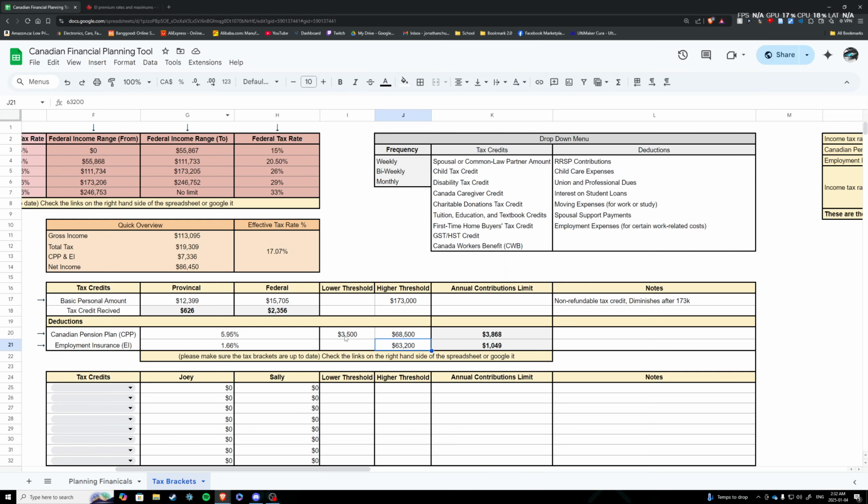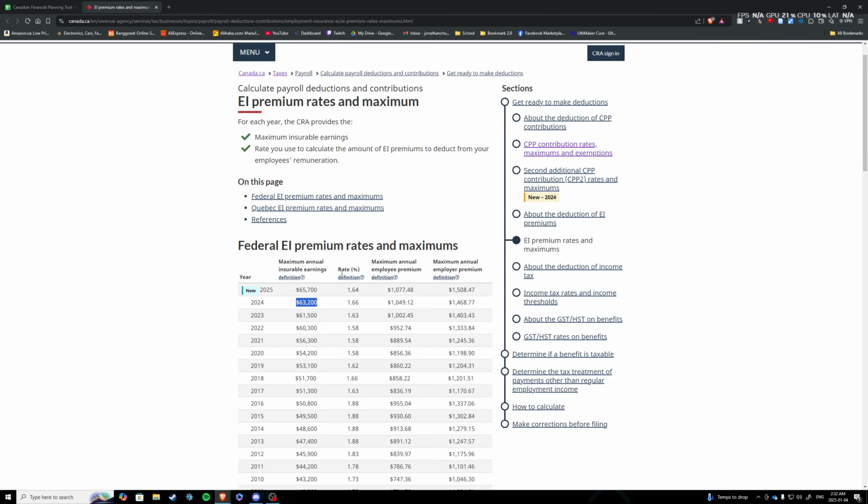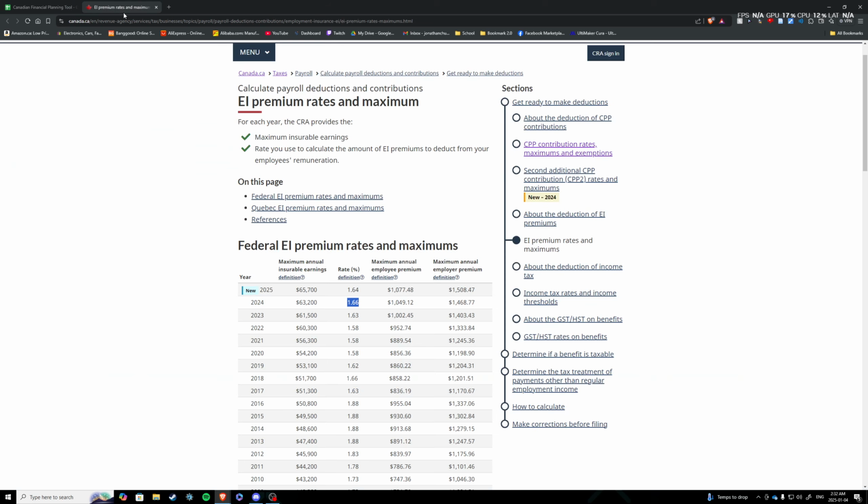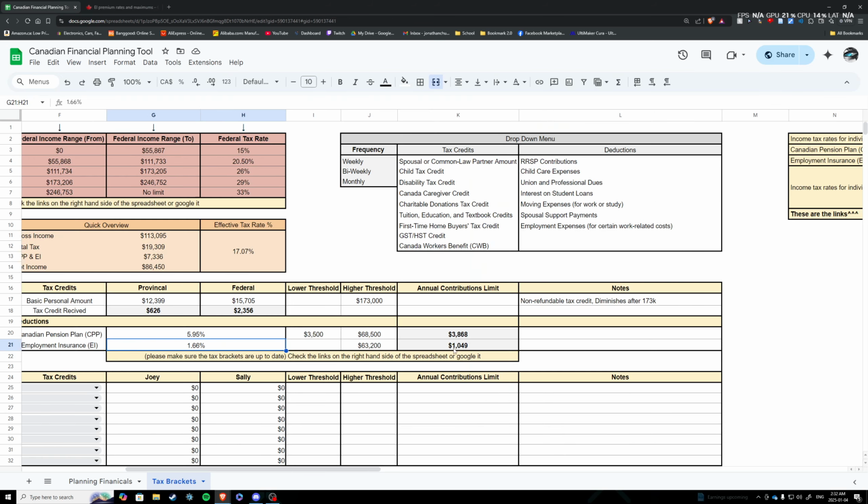Then it doesn't have a lower threshold or basic exemption value, so we just leave that empty. And then you want to find the percentage rate, which is just called rate percentage, so 1.66. Take that, stick it right here, and you end up with this annual contribution limit.